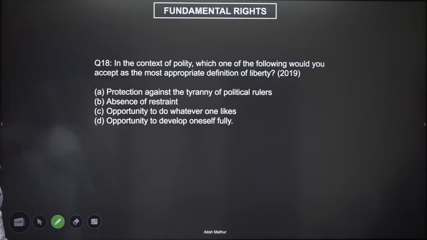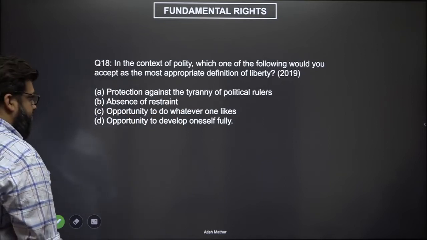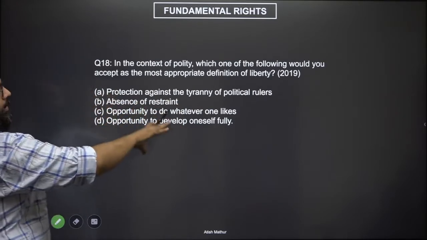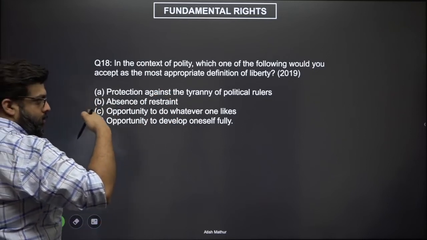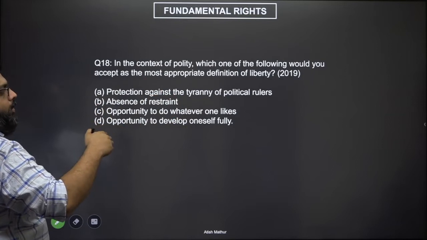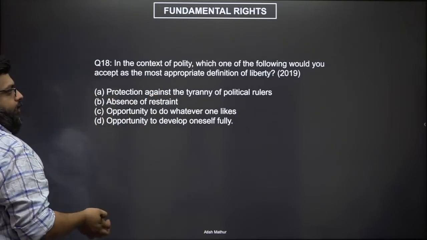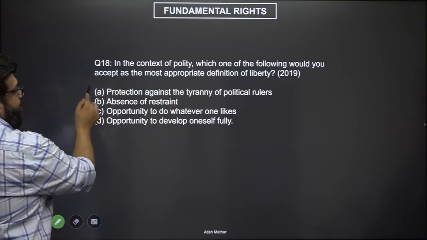Now, protection against the tyranny of political rulers. Fair enough. Let us say you're protected against the tyranny of political rulers. That means political rulers will not perform any violations on you. Fair enough. Does that still give you the freedom to do whatever you want to? No.